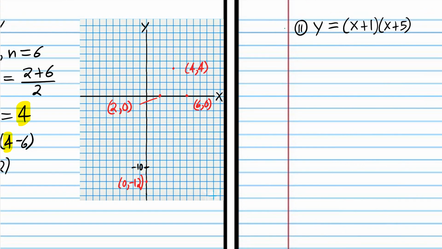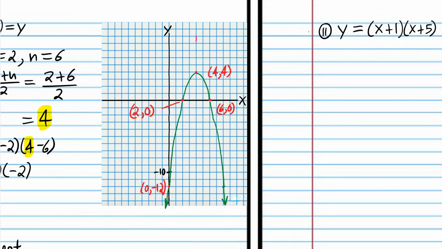Okay, so now we can just draw the parabola. And we can use symmetry to find approximately where the graph would be. It would be about here. So we want to make sure our graph goes through there just so the parabola looks right.